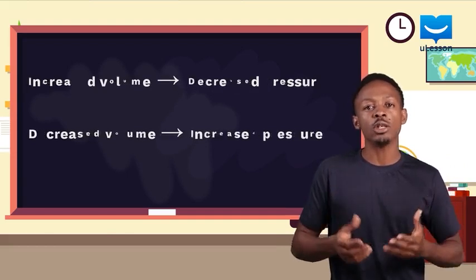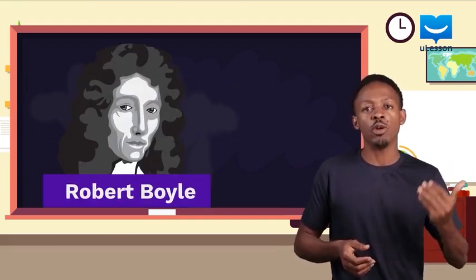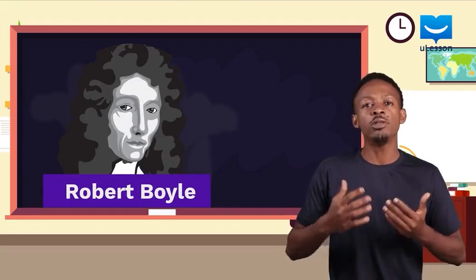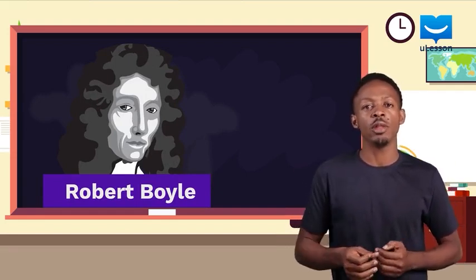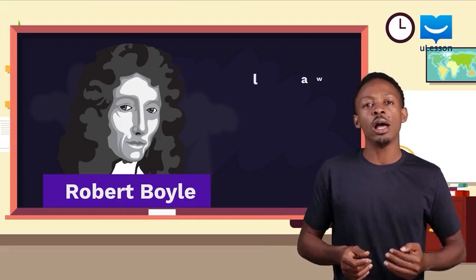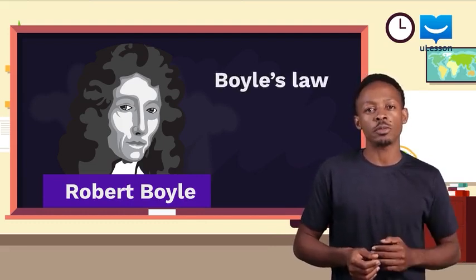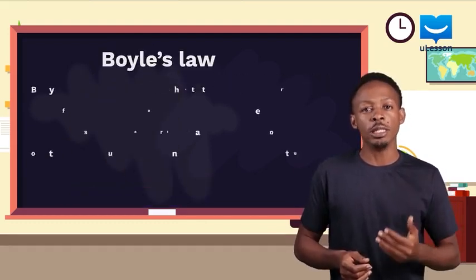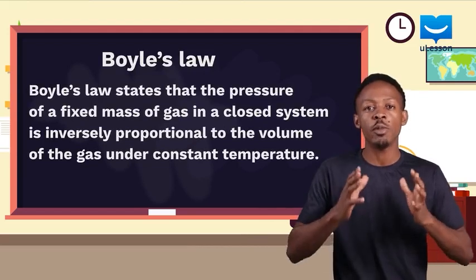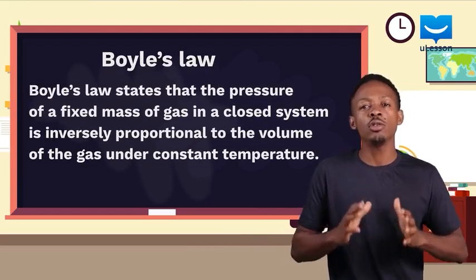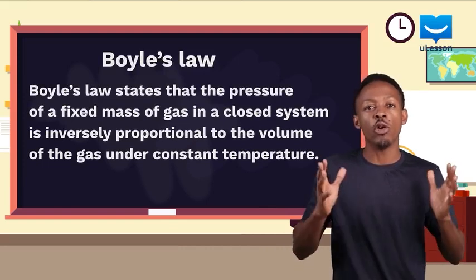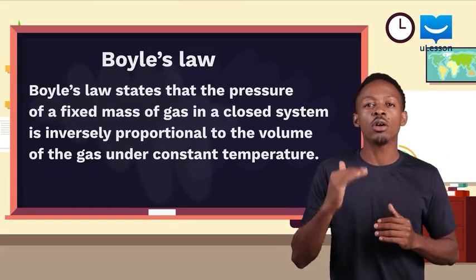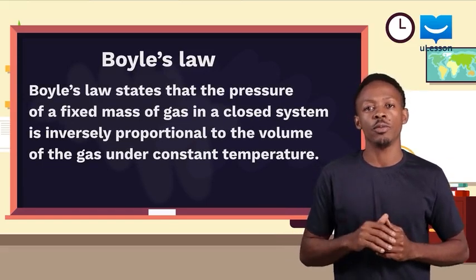These observations were first experimented by Robert Boyle, who stated the relationship between the pressure and the volume of a gas. And this is what is known as Boyle's law. Boyle's law states that the pressure of a fixed mass of gas in a closed system is inversely proportional to the volume of the gas under constant temperature.